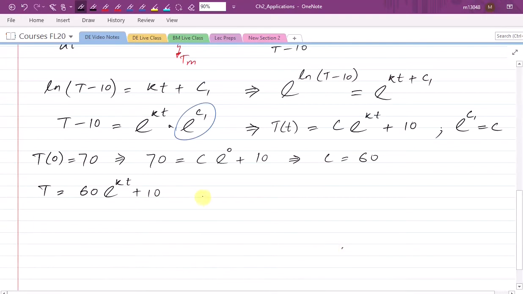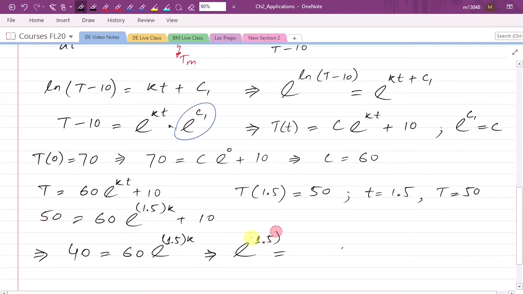Now we use the second condition, T of 1.5 equals 50, which means time t equals 1.5 and capital T equals 50. Then e power 1.5k equals 4 by 6, or 2 by 3.